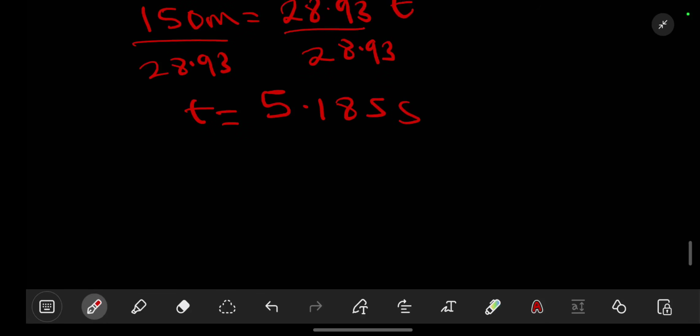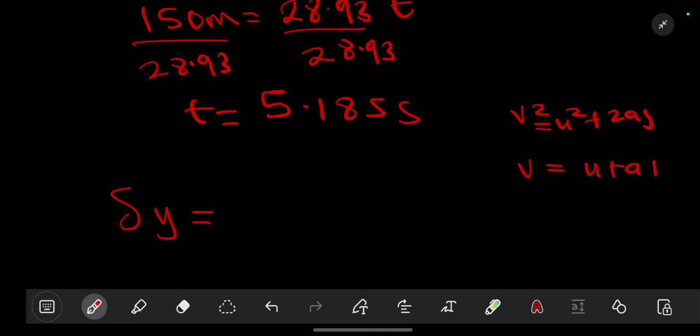Therefore, to find the distance in the y, our sy should be equal to, now knowing that we have the time, we have the kinematic equations: v squared is equal to u squared plus 2as, and v is equal to u plus at.